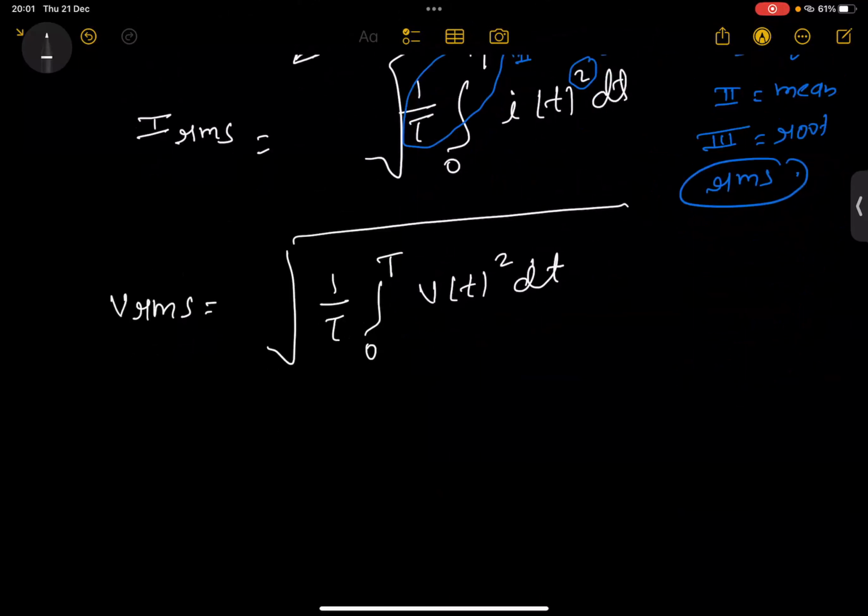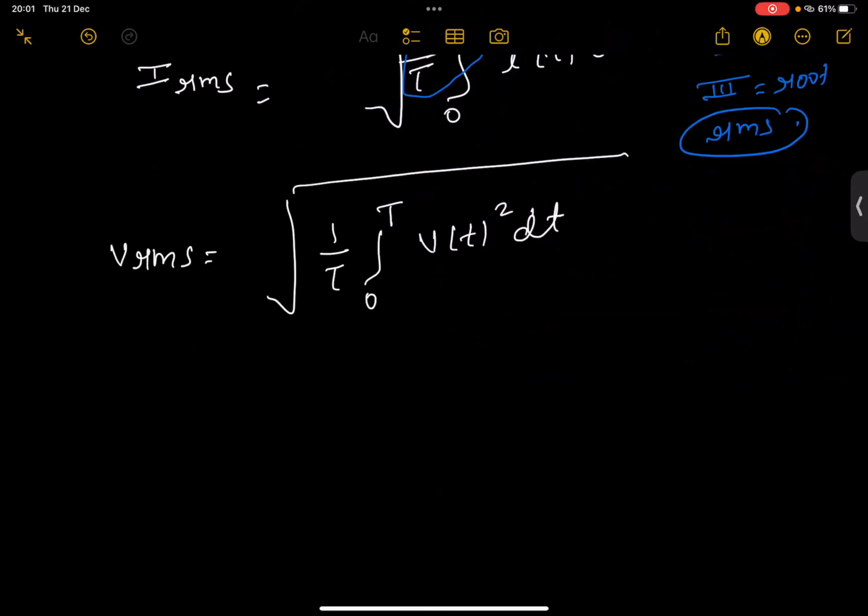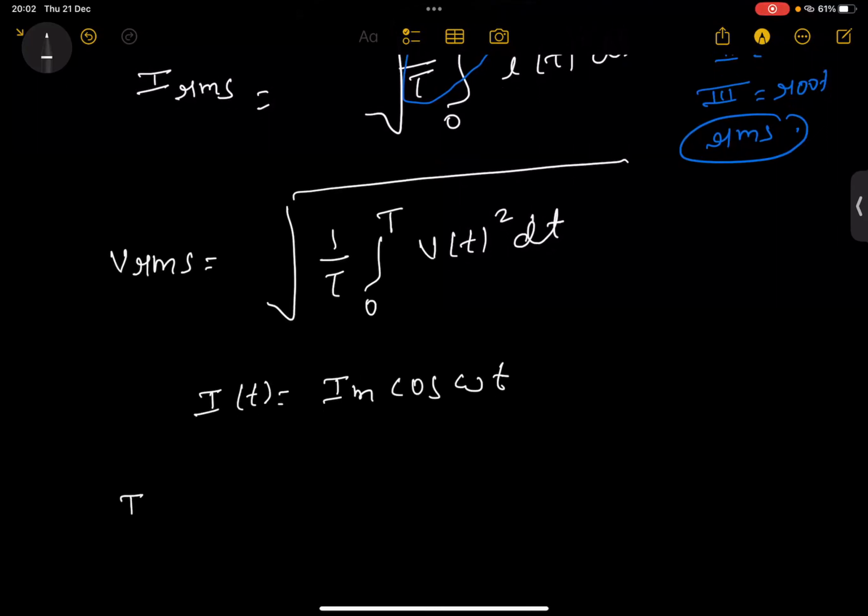Then you know current i(t) is nothing but I maximum cos omega t. Suppose this is your current. So put the value of it in the above formula.